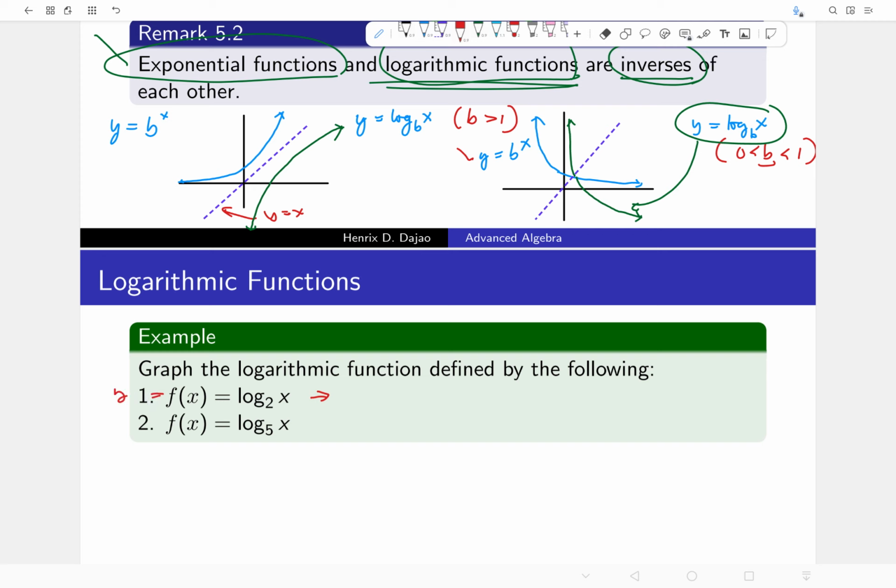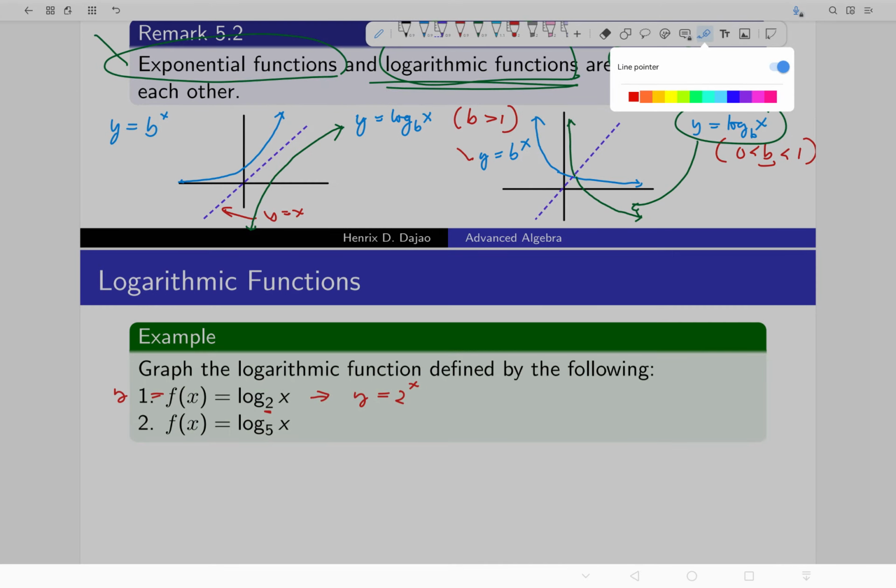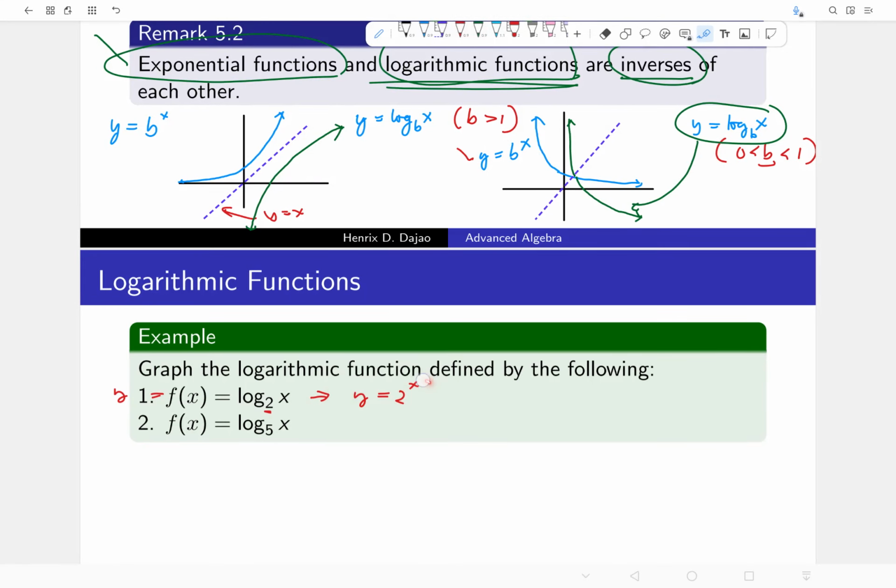So here we have y equals base 2 raised to x. So what we'll do here is that we are going to use this one. Let's graph the function defined by this and then use this line and then use the reflection in order to find or to sketch the graph of this. Okay?